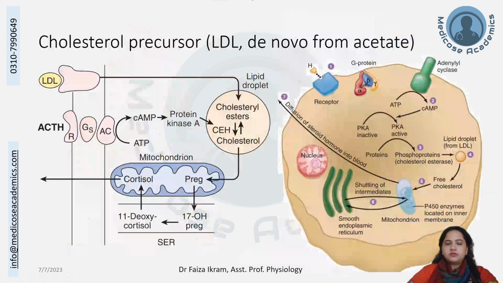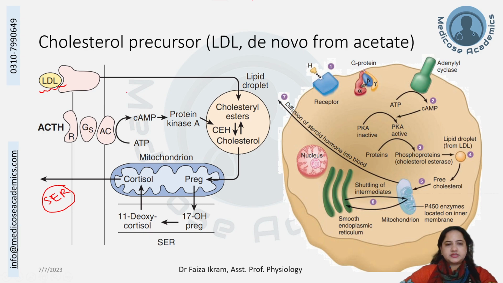glucocorticoids. Moving on towards the synthesis of steroid hormones, as we discussed in our first lecture, the precursor is cholesterol, and this cholesterol is obtained from LDL, low density lipoprotein. This is synthesized in various intracellular compartments, but most importantly, mitochondria and smooth endoplasmic reticulum are involved.